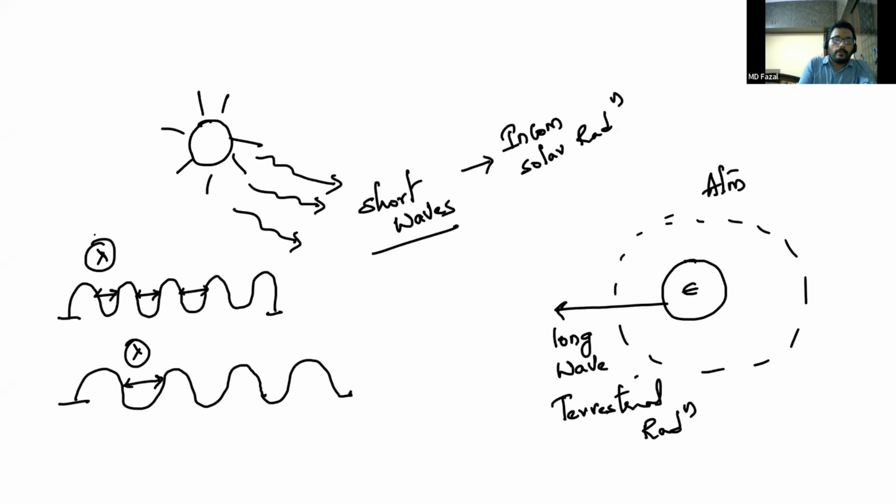Now, this is a wavelength: you look at the distance, it is short. And this is a wavelength: you look at the distance, which is long. When the distance is long, these are outgoing. When the distance is short, these are incoming.